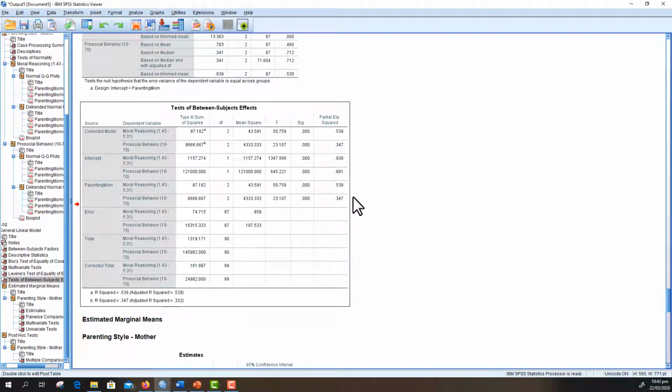This will increase the risk of type 1 error. But the ANOVA table that is presented here by SPSS doesn't adjust for that increase in type 1 error, and so we have to manually apply the Bonferroni method of adjusting for type 1 error.